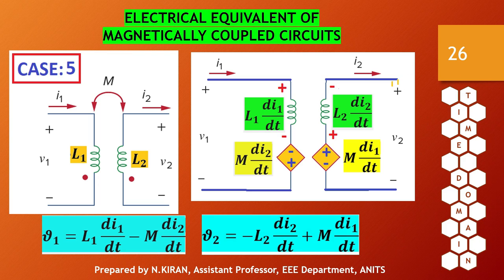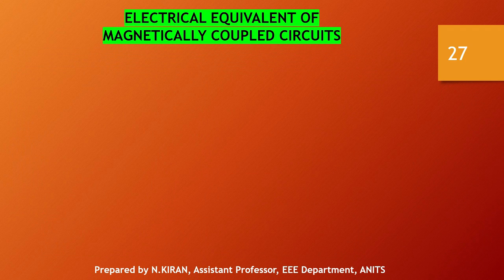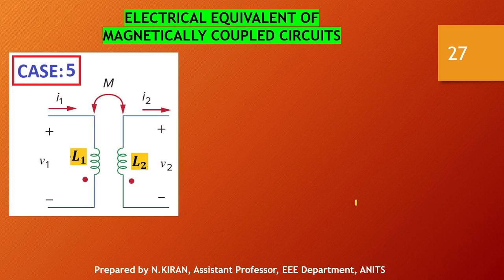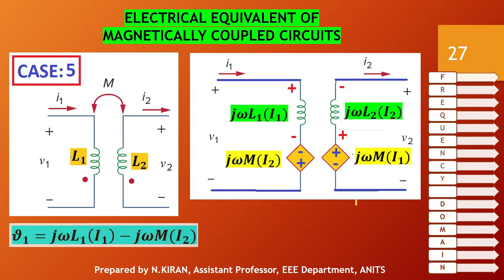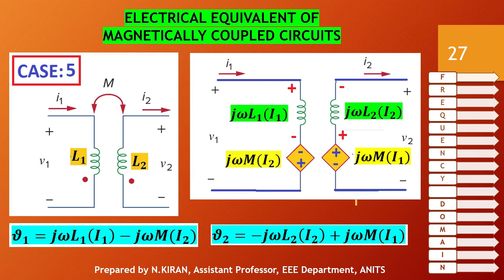Similarly, if I apply KVL in this direction in the second coil, I'll get V2 equals minus L2 di2 by dt plus M into di1 by dt. Similarly, in frequency domain, the polarities will remain the same. The expressions for self-induced EMF as well as mutually induced EMF will be as shown.